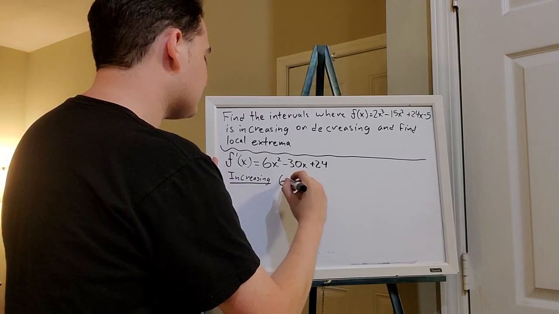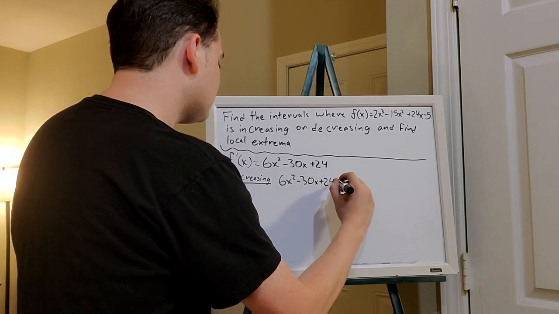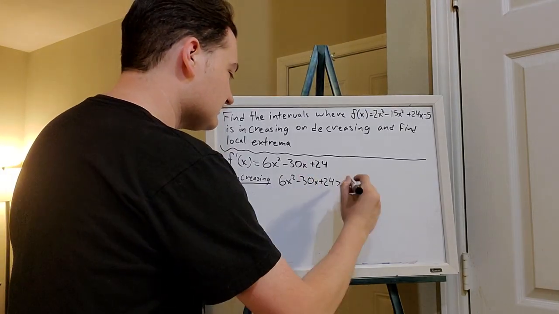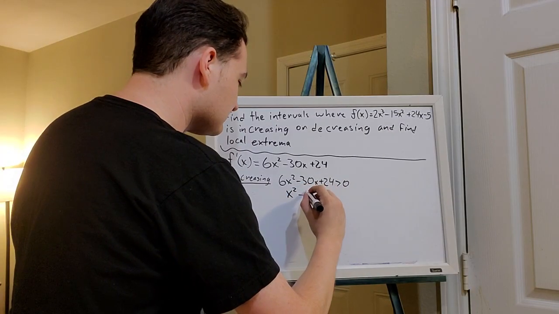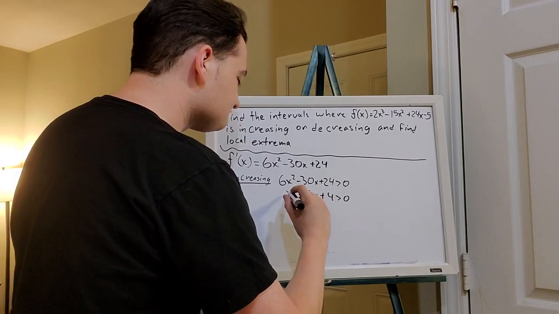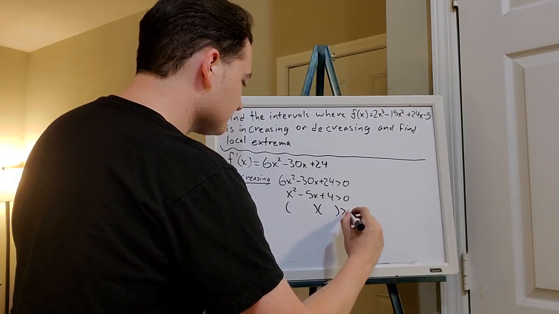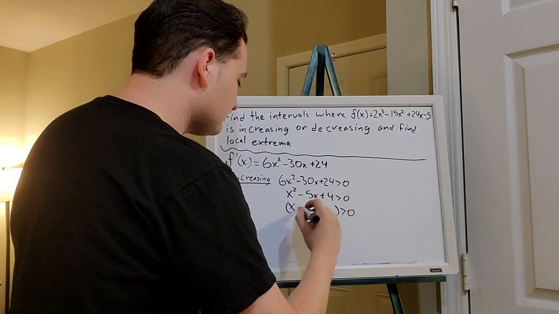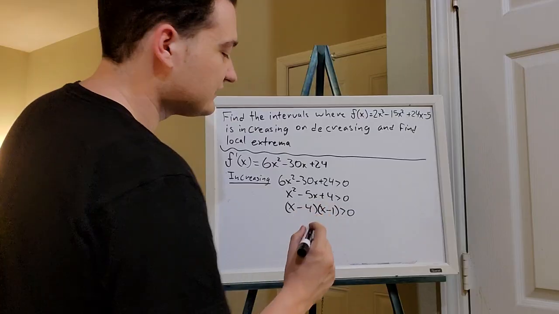So we're going to say that 6x squared minus 30x plus 24 is bigger than 0, and we're going to solve for x. We're going to divide both sides by 6. x squared minus 5x plus 4 is bigger than 0. If we factor this, we get (x minus 4) times (x minus 1).